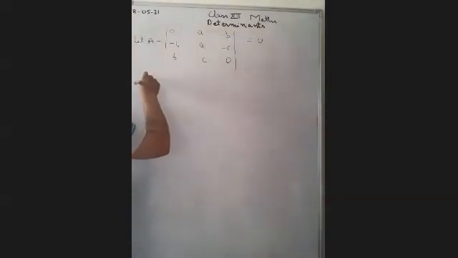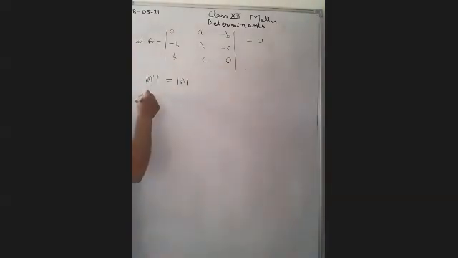We know that the value of the determinant of a matrix and of its transpose is always the same. So determinant of A and determinant of transpose of A should be equal.